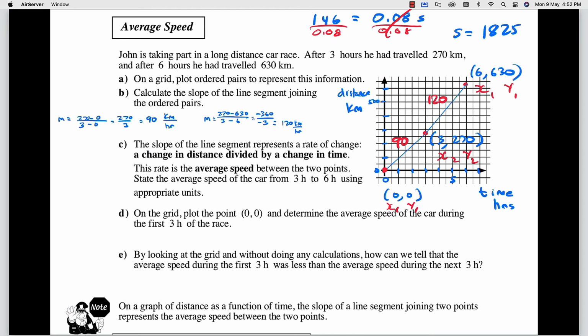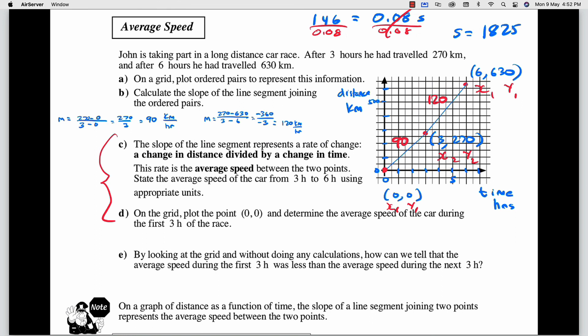Okay, part C, the slope of the last one. Okay, so I've sort of done C and D right there. So what is the average speed for the first leg?